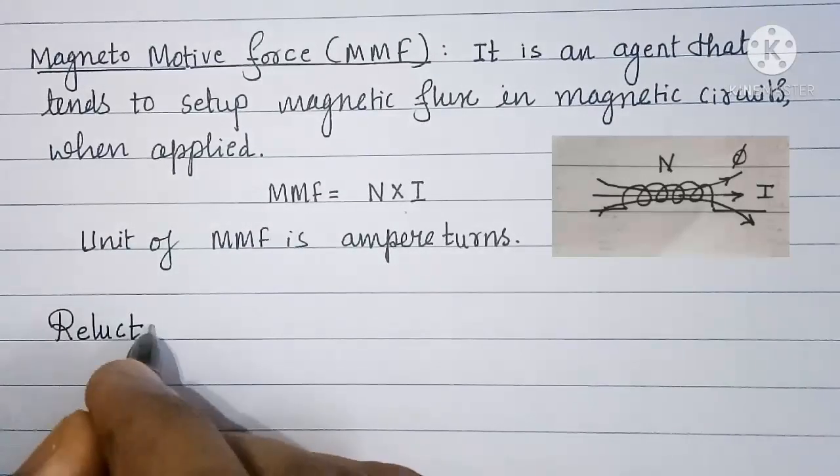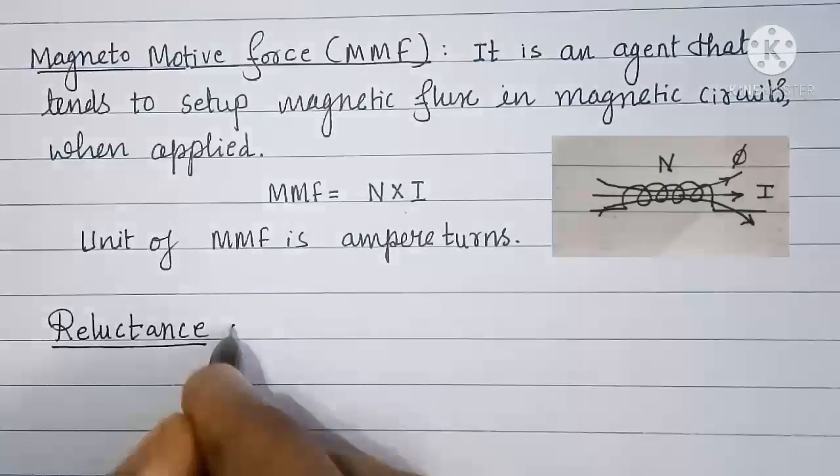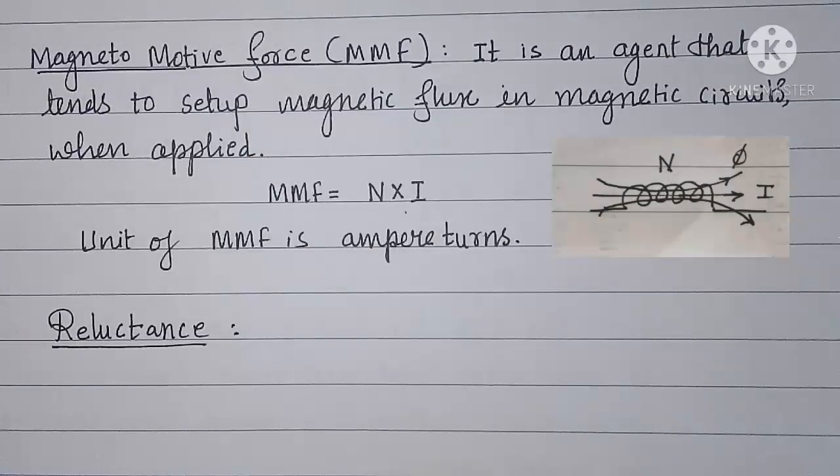Next we'll write reluctance. In electrical circuits we have resistance to oppose flow of current through the conductor. In the same way, in magnetic circuits we have reluctance to oppose setting up of flux in the magnetic circuits.